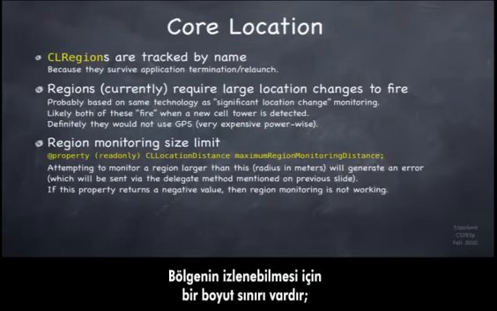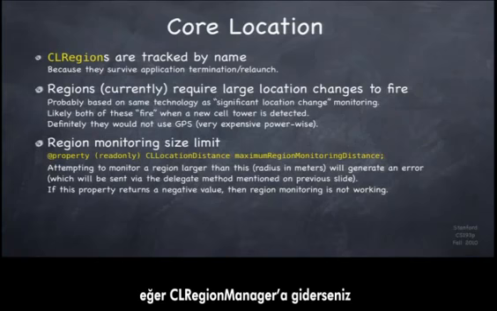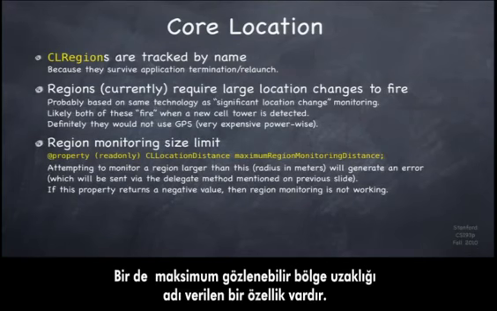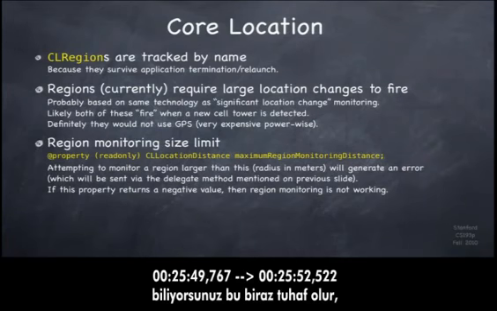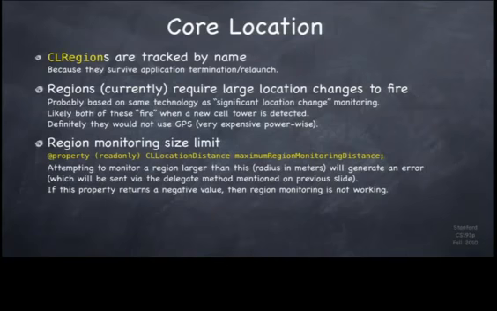Again, probably based on this same significant location change technology, there is a size limit to the region that can be monitored. If you go to CLLocationManager, there's a property, maximumRegionMonitoringDistance, and that'll tell you the radius. If you attempt to monitor a region larger than that, because you can imagine if you want to monitor the United States, that's going to be weird, so it puts a limit on there.